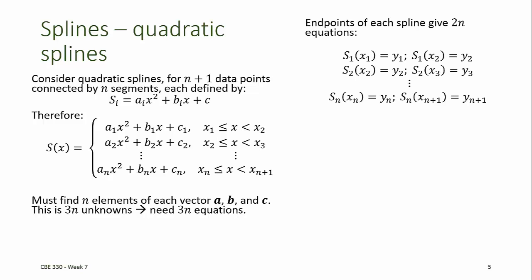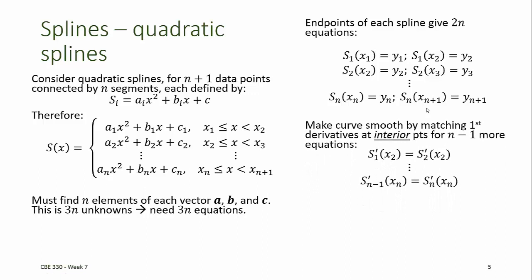We can obtain 2n equations by requiring that each spline segment match the data at the endpoints of the segment. So spline segment 1 has to be equal to y1 at x1, and it also has to be equal to y2 at x2, and so on, all the way through the remaining spline segments. This gives us 2n equations. Then we can make the curve smooth by matching the first derivatives at each of the interior points.